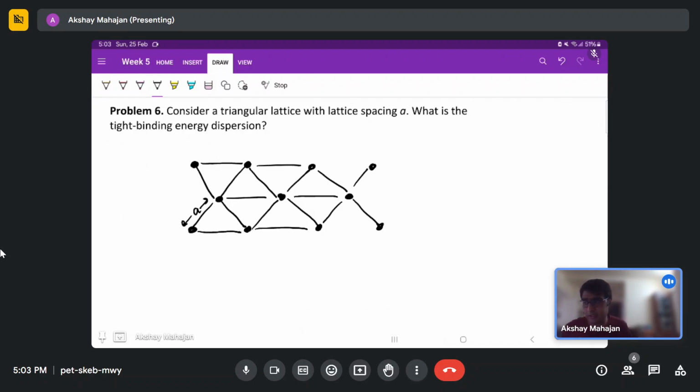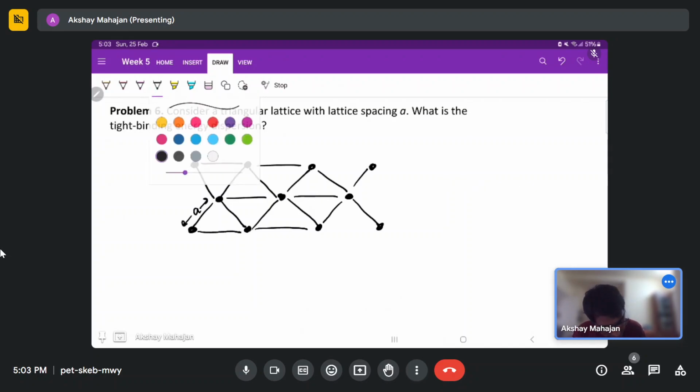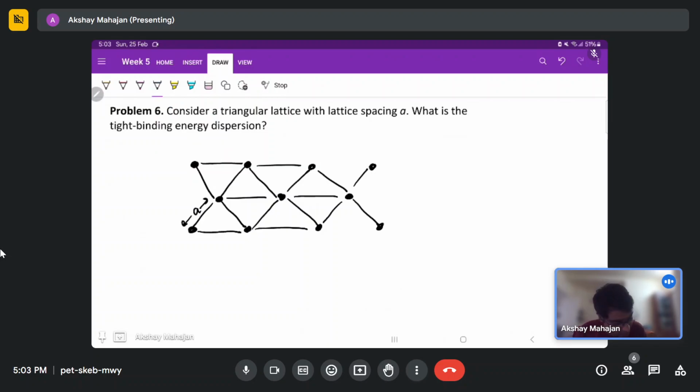Now I will write the A1 vector and A2 vector in a more general way. Let's say A1 vector and A2 vector are our lattice parameters. Earlier, in the square lattice, A1 vector was A times x cap and A2 vector was A times y cap.